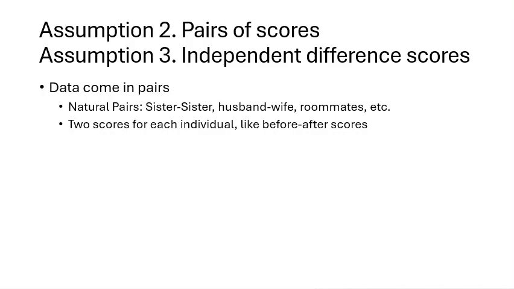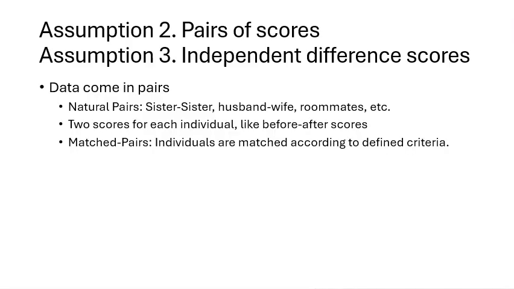Or we could have two scores for each individual, like before-after scores, pre-post scores, or just each individual produces two scores in different conditions. And we also talked about matched pairs in which the researcher matches individuals according to predefined criteria.